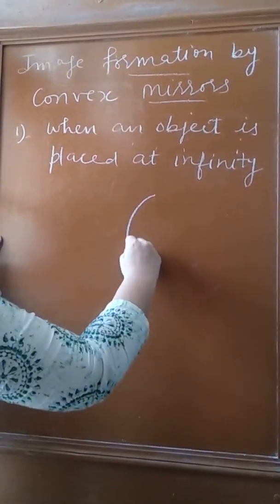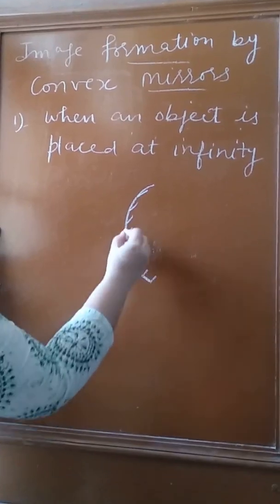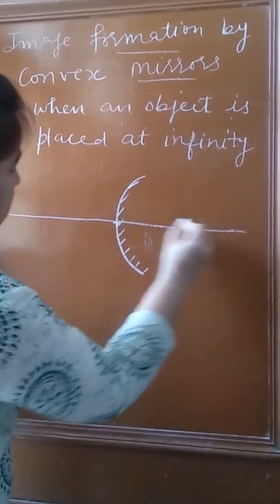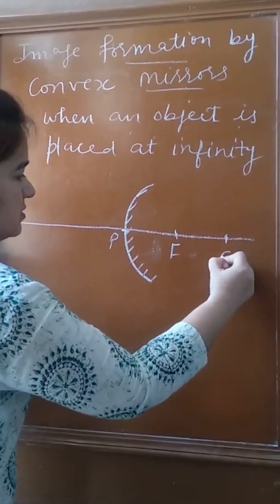I will draw the convex mirror, polished inside, pole, principal axis, focus, center of curvature.